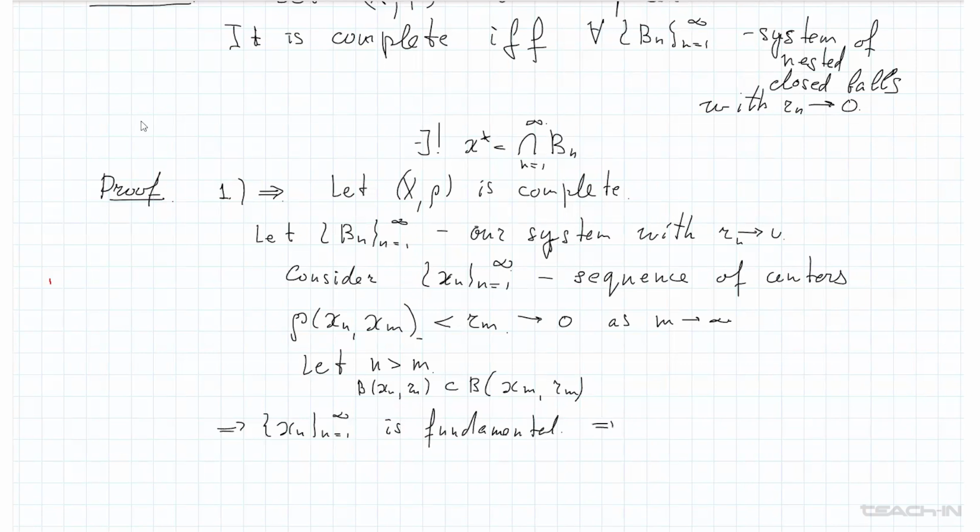So by completeness of space, there exists limit, which I denote as x star. And what we can say, as it is a limit of xn, so the intersection of all balls is closed.